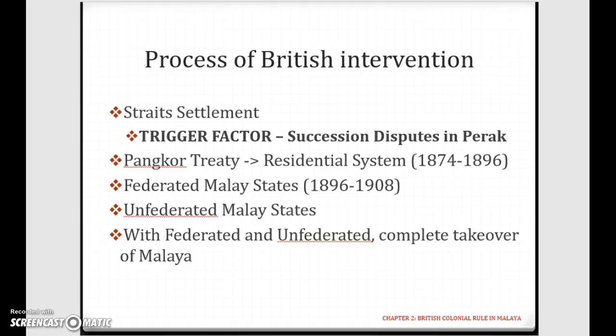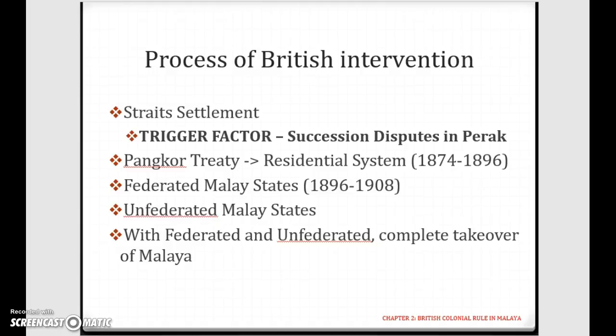Because of this fight, they got involved with the Ghee Hin and the Hai San, the Chinese secret societies, who each sided with one side. And so the merchants, the businessmen, asked the British to intervene to ensure that there was law and order, that there was peace, so they could carry out business in a stable environment.